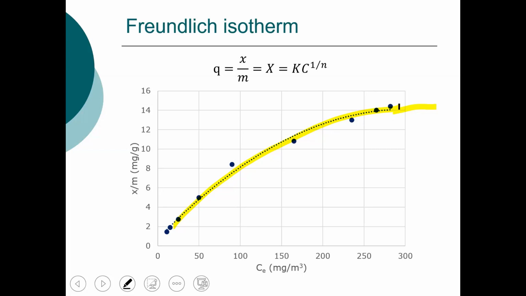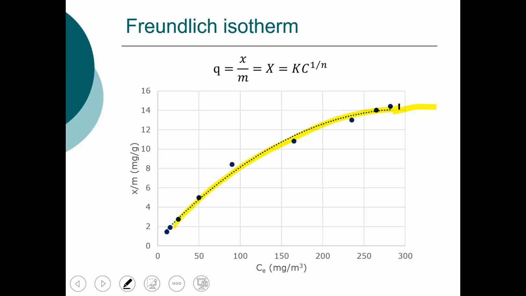So we're plotting this as a power function where X over M is equal to some constant K times the equilibrium concentration to the 1 over N power. That is simplicity, that's the Freundlich isotherm. So just remember this typical shape, and it has no theoretical basis.